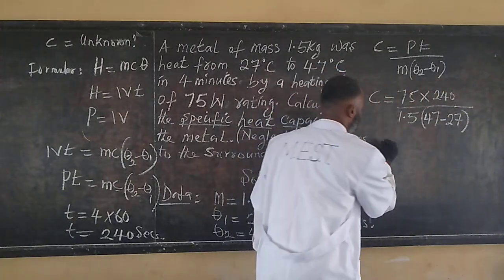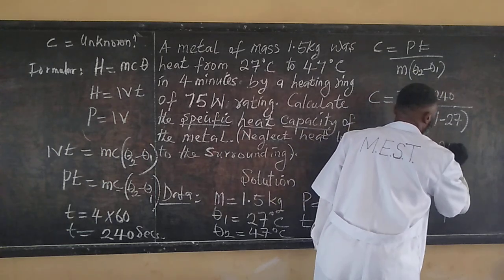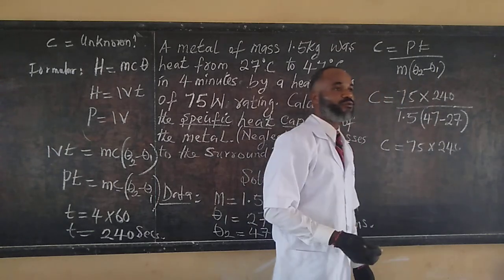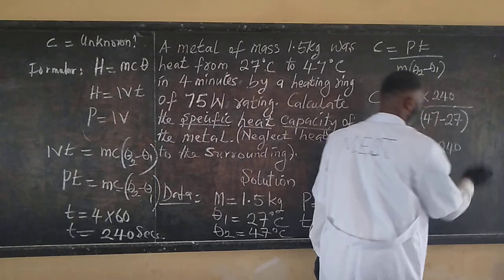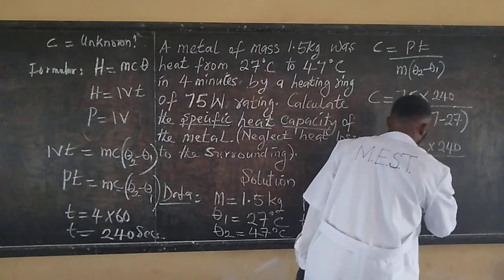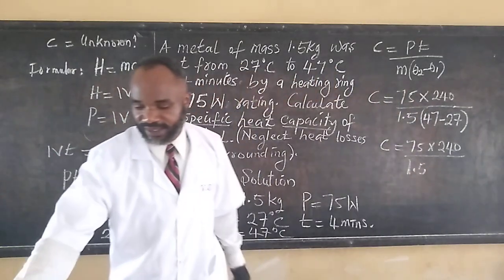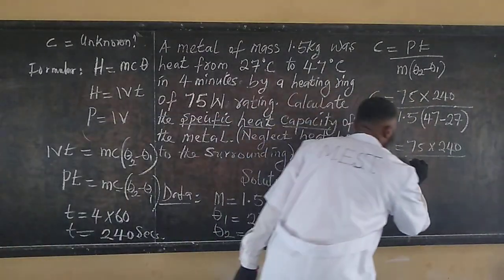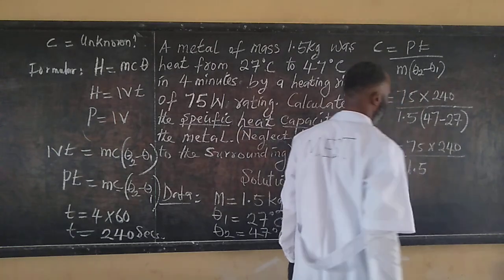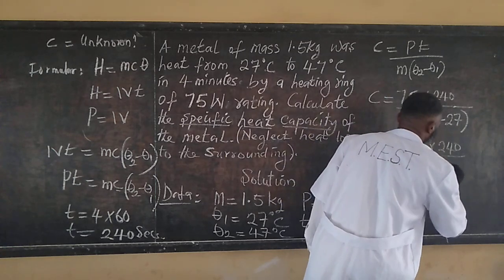Our next should be C is equal to 75 times 240, sorry, not 200, 240, all over 1.5 times the difference here, which is 20. 47 minus 27 should be 20, right?